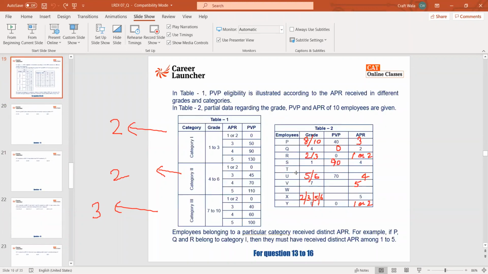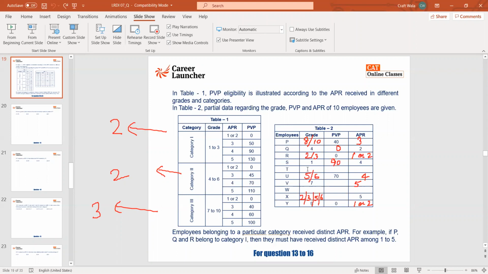So if I look for T, I cannot give him 1, 4, 7, 9. This is 8 or 10. APR 5 is done 2 times. Okay, can I give him 2?